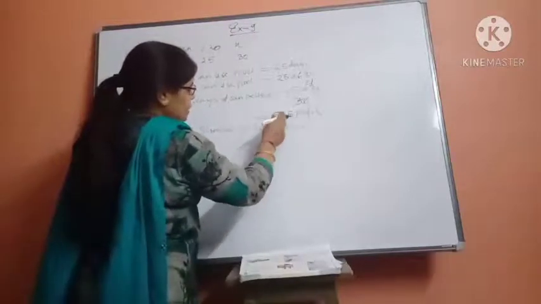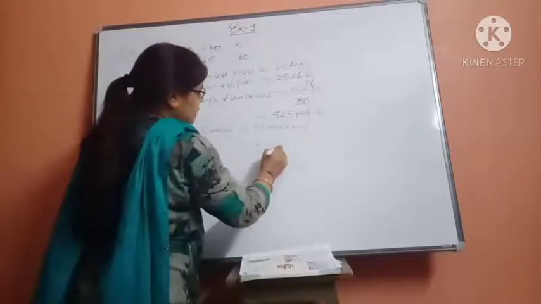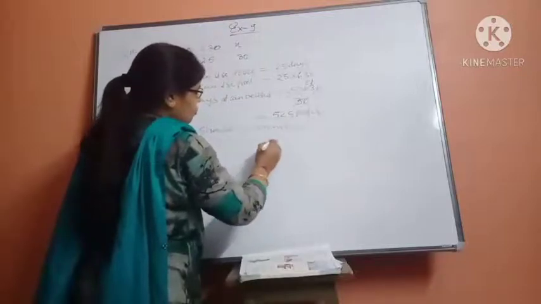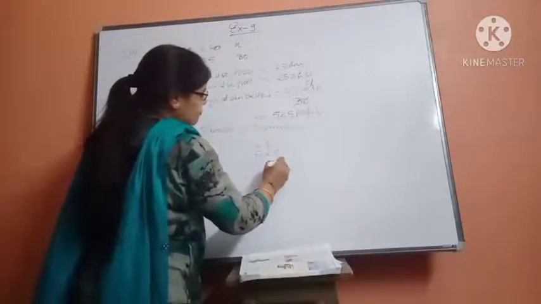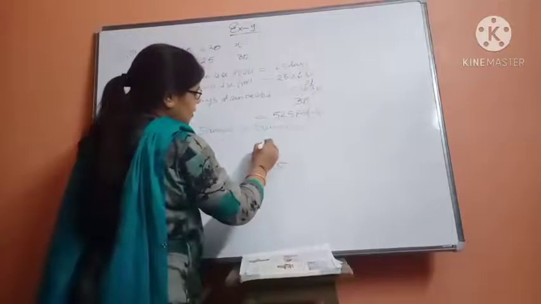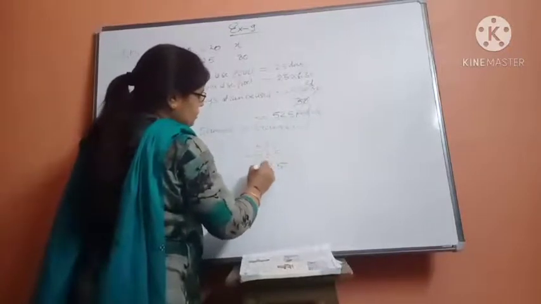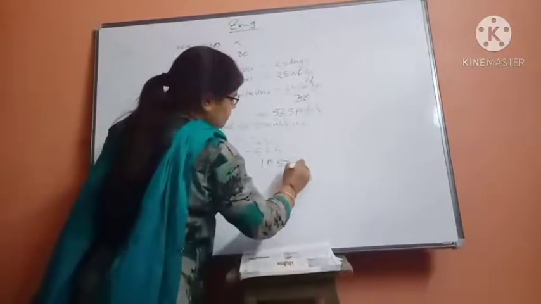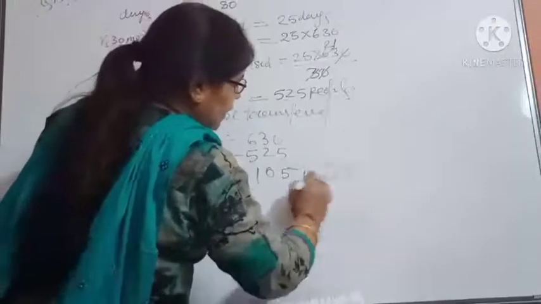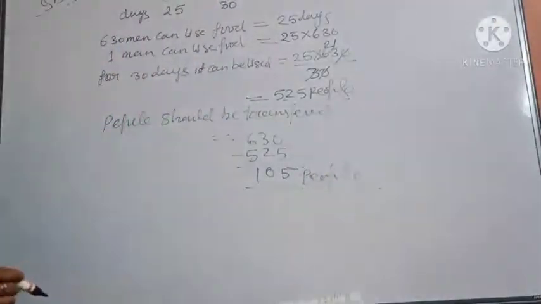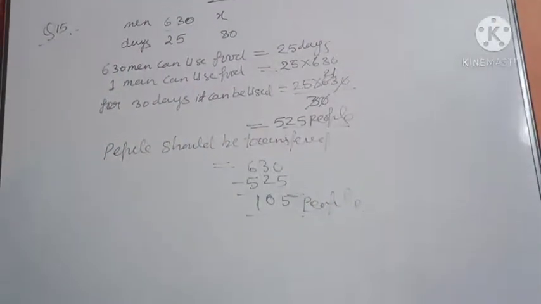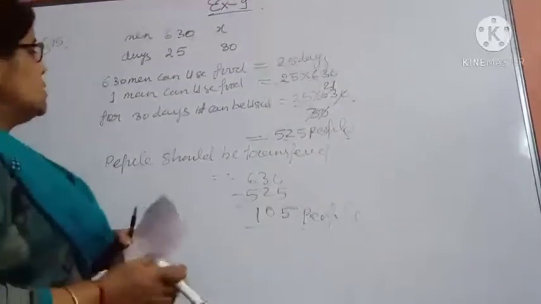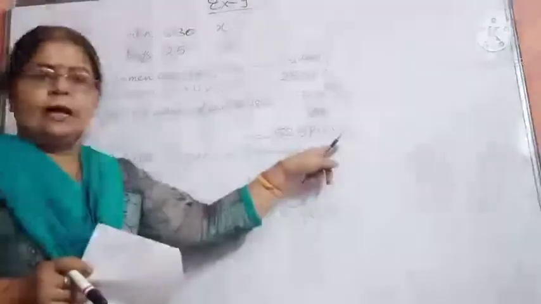So how many should be transferred? Subtract them now. 10 minus 5, 5. Here 2 minus 2, 0, and 6 minus 5, 1. 105 people should be transferred to the other group so that the same amount of food can last for 30 days for 525 people.